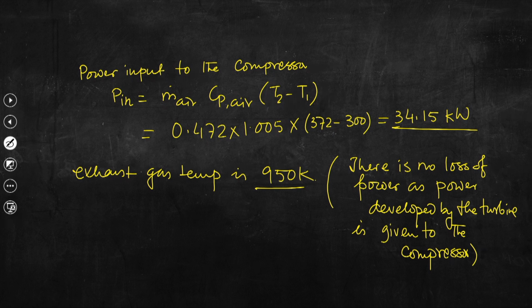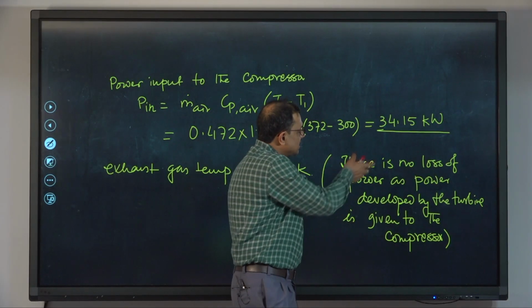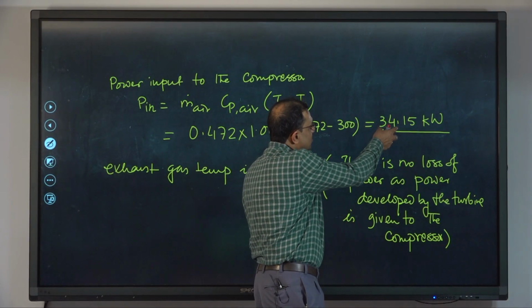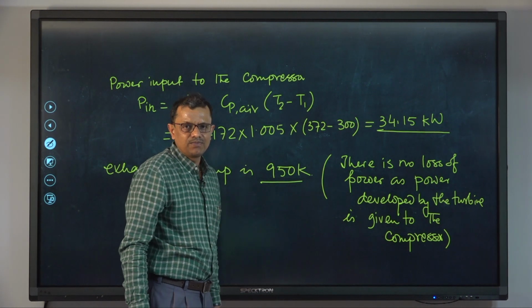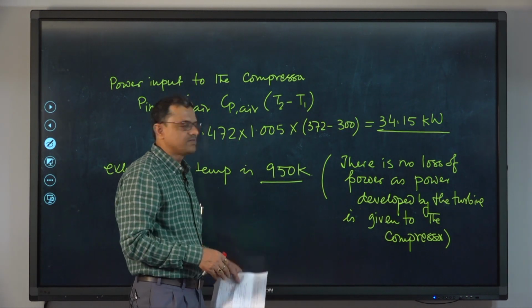If we assume that, then if we consider the TS diagram for the turbine, then we can write. So, this is the power input needed for the compressor. We are assuming that the input power of the compressor is exactly the output power of the turbine.